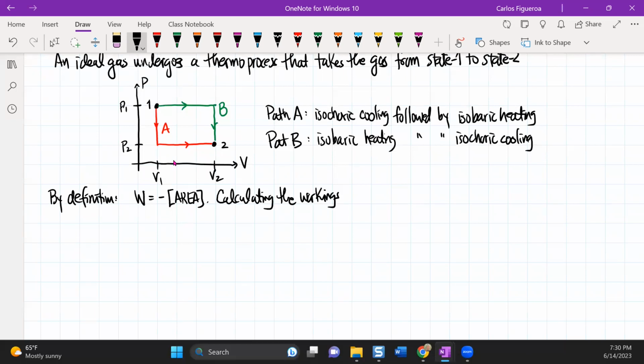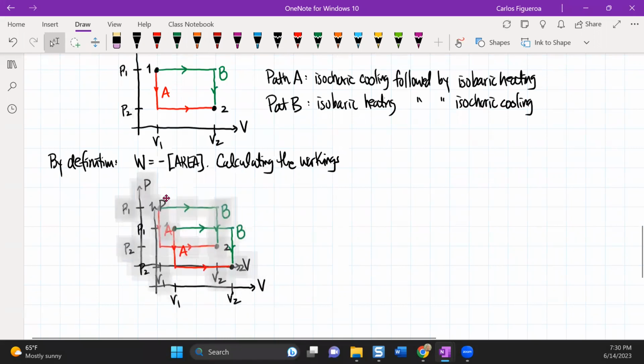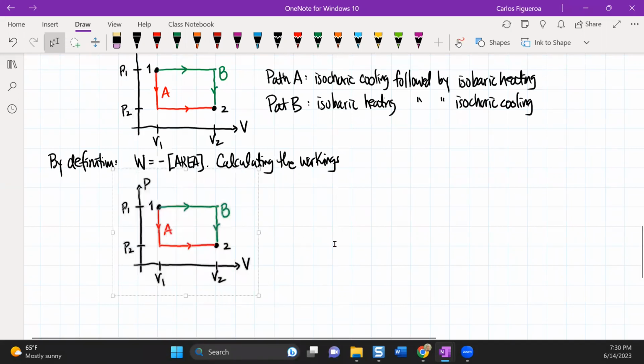Let me copy this just to be fast, and paste it right in here. I don't care about B. Let's just focus on A. I'm going to calculate the work of A. The work is the area, so this area is essentially the work of A.